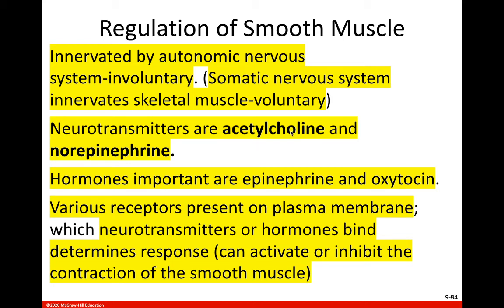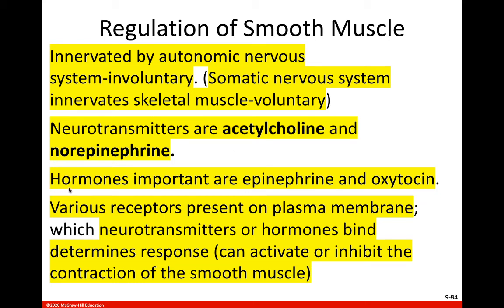Acetylcholine is the only neurotransmitter that stimulates skeletal muscle. But our autonomic neurons, the involuntary part of our nervous system, can stimulate our smooth muscle with two different neurotransmitters, acetylcholine and norepinephrine.